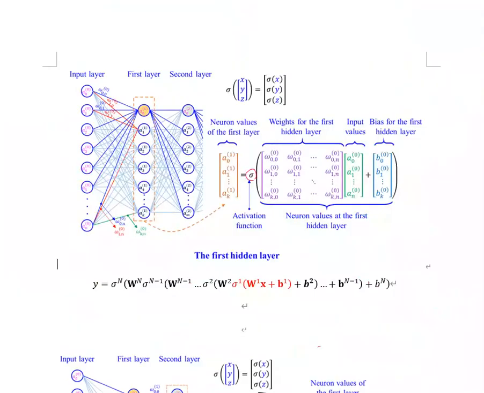One example for defining feed-forward networks is this matrix you see here, in the same color, which connects the input layer to the first hidden layer, the neuron values.